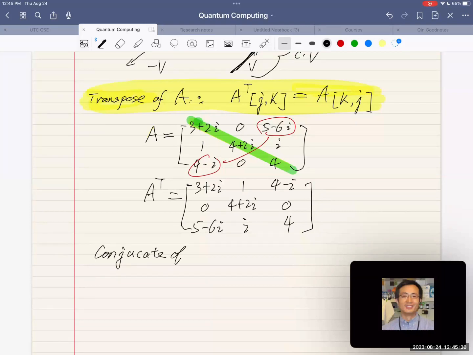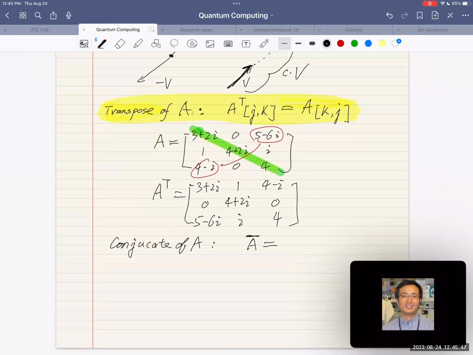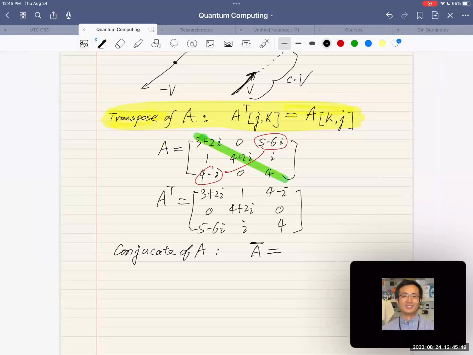Conjugate of A, and that is a symbol of A bar at the top. That definition is basically the conjugate of each element. So the definition of that is, oh, I didn't leave space, sorry.